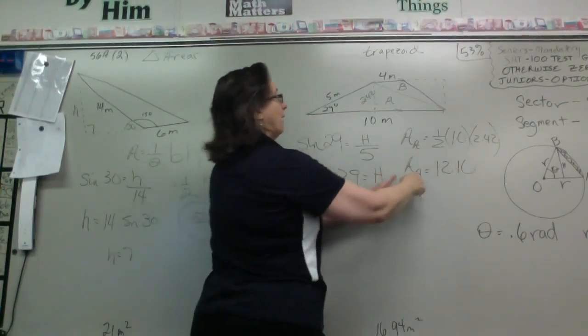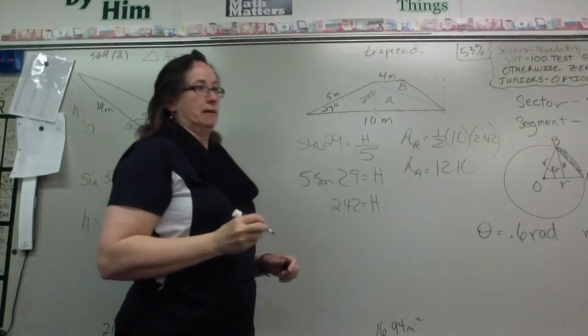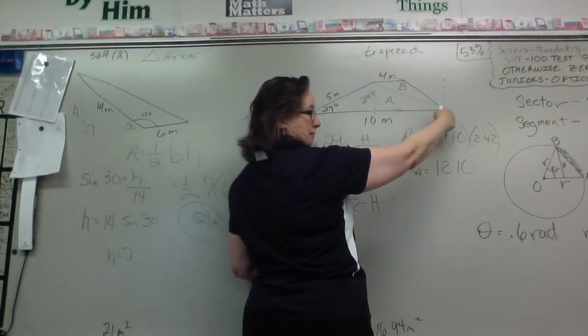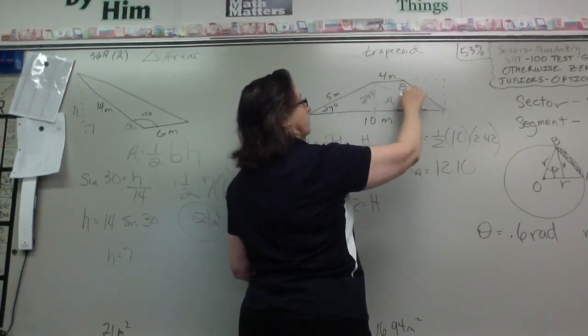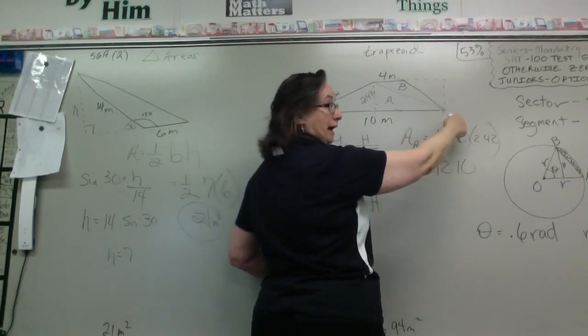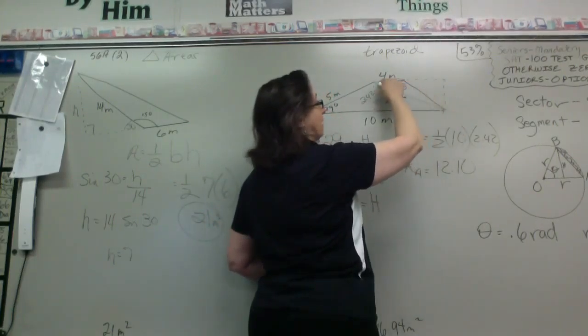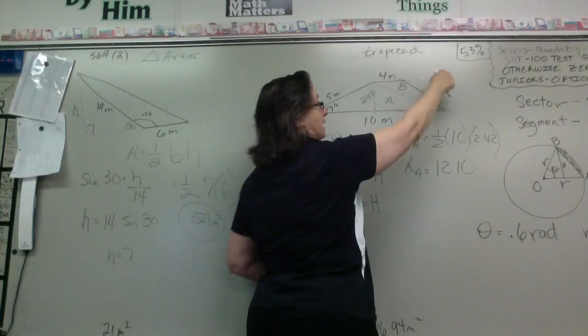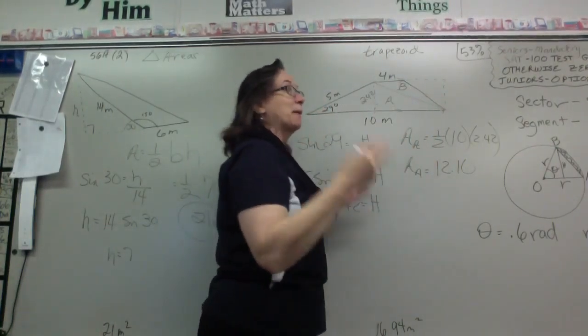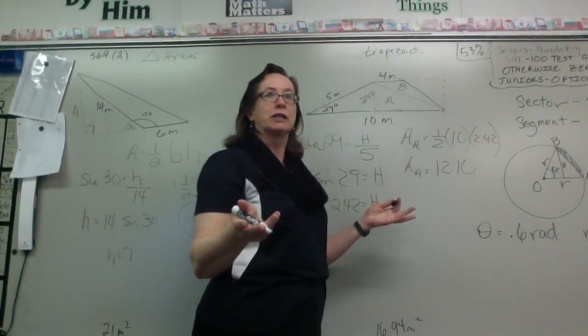Now, how do I find this B? I don't have its base, right? I've got the base. I could call this the base, though, and I already have the height. So calling this the base and this the height, can I find the area of that triangle? It's just upside down from the way I'm usually used to seeing it.